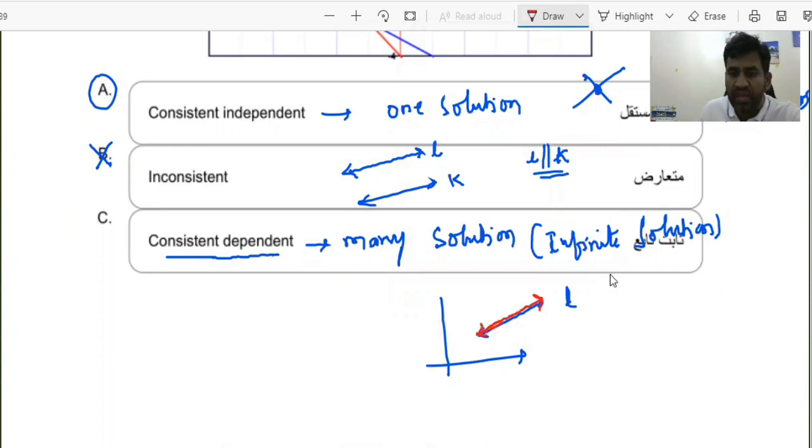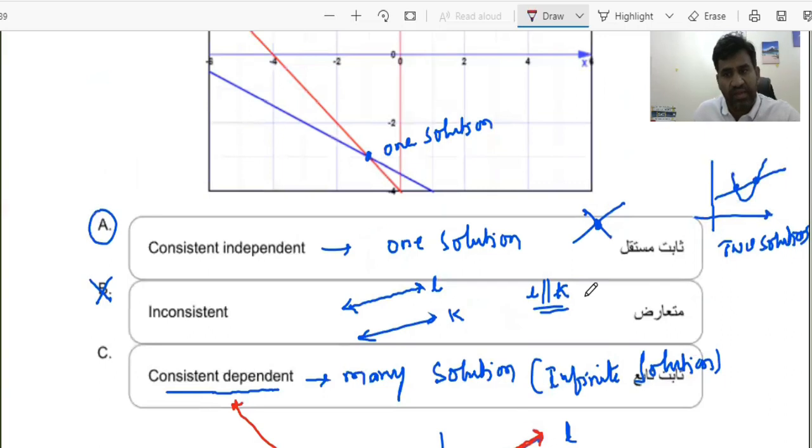It means they are meeting each other at all the points. So such lines have infinite solutions or many solutions, or in other words we also call it consistent dependent. In an exam, it's not necessary that they're going to ask you the same question. If they say inconsistent, or consistent independent, or consistent dependent, you can recognize it. The first always talks about two lines meeting, the second, inconsistent, means parallel lines, the third one is overlapping lines.